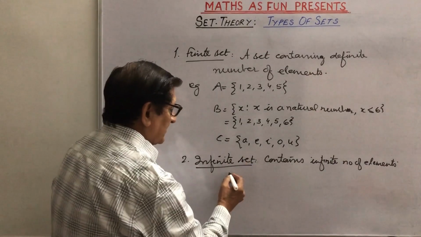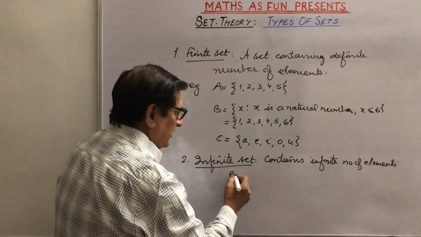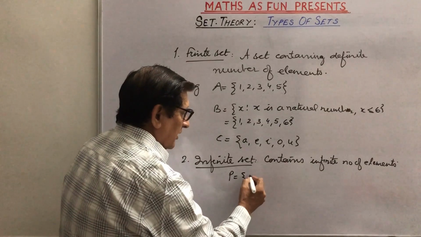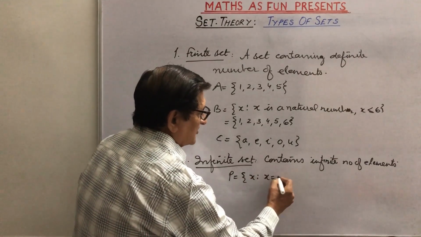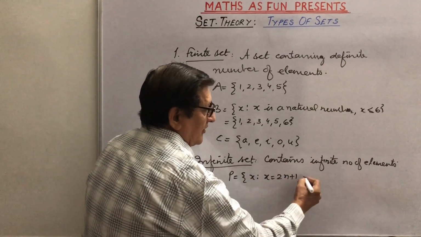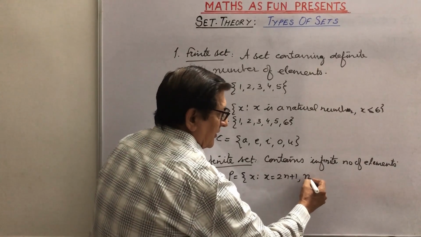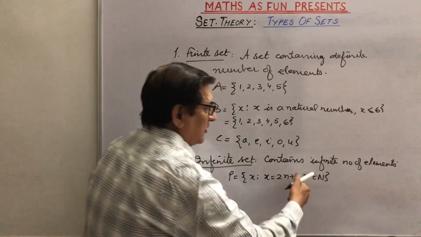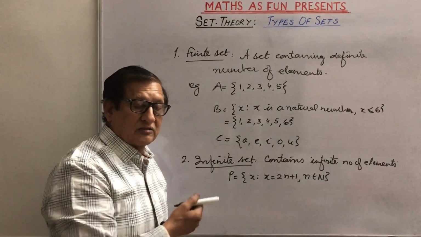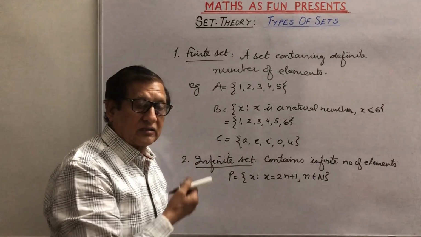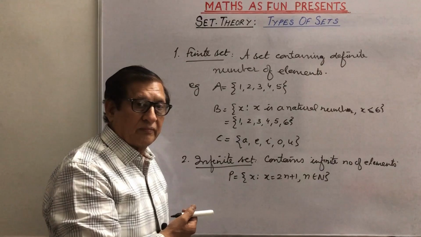We can have some more examples. Suppose we have a set P, that is x such that x is equal to 2n plus 1, where n belongs to N, meaning n is an element of N, the set of natural numbers.